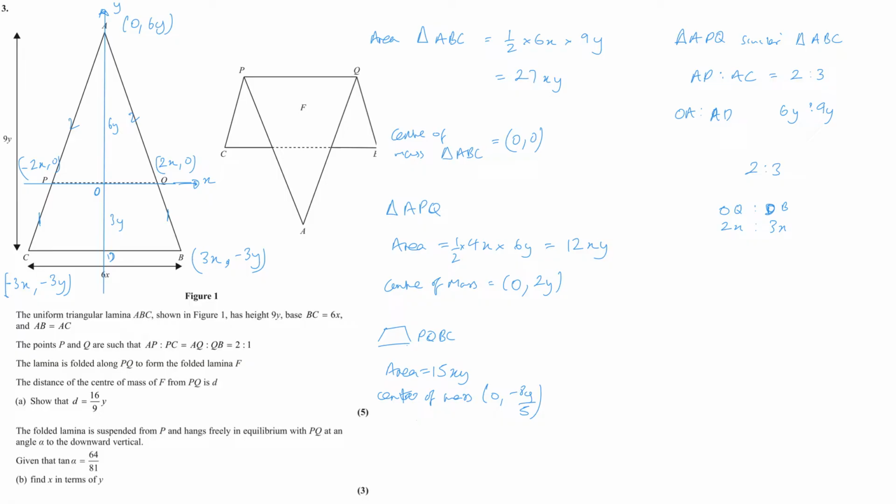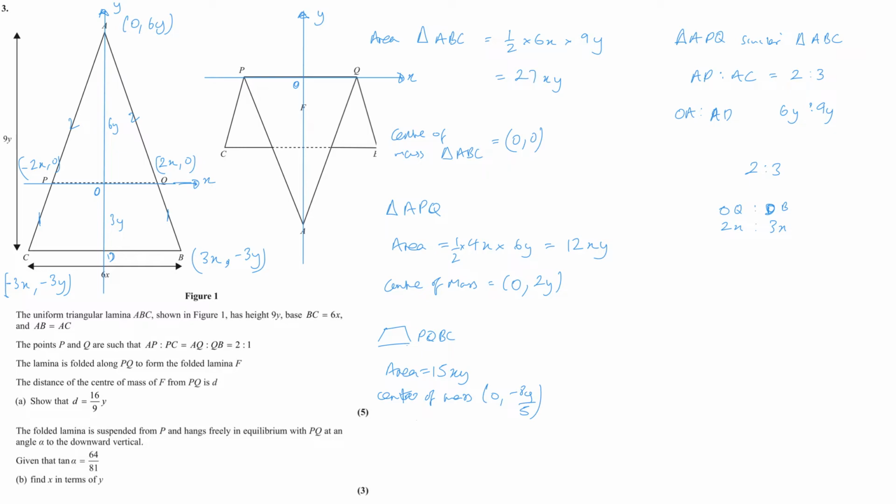Now, for the shape F, which is this shape, this PQBC, its centre of mass has stayed in the same place. So I'll just put my x and y axes on there. They're still at the same coordinates, but the centre of mass of PQA or APQ has now changed positions.